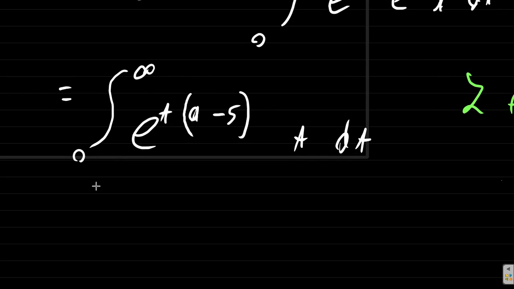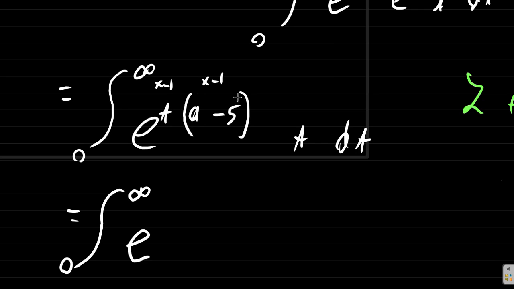If we rewrite this, this is equal to the integral from 0 to infinity of e to a negative. So let's multiply the t by negative 1 and multiply inside the bracket by negative 1. It's like we're multiplying all of this by negative 1 times negative 1, which is positive 1.